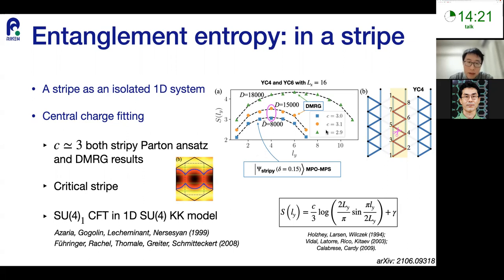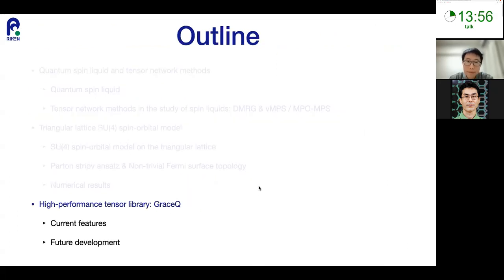So that means each of these one-dimensional straps is critical, and this is consistent with our Fermi surface picture. And central charge equals 3 is also the same as the SO(4) level 1 CFT, which is actually the physics of the one-dimensional SO(4) KK model.